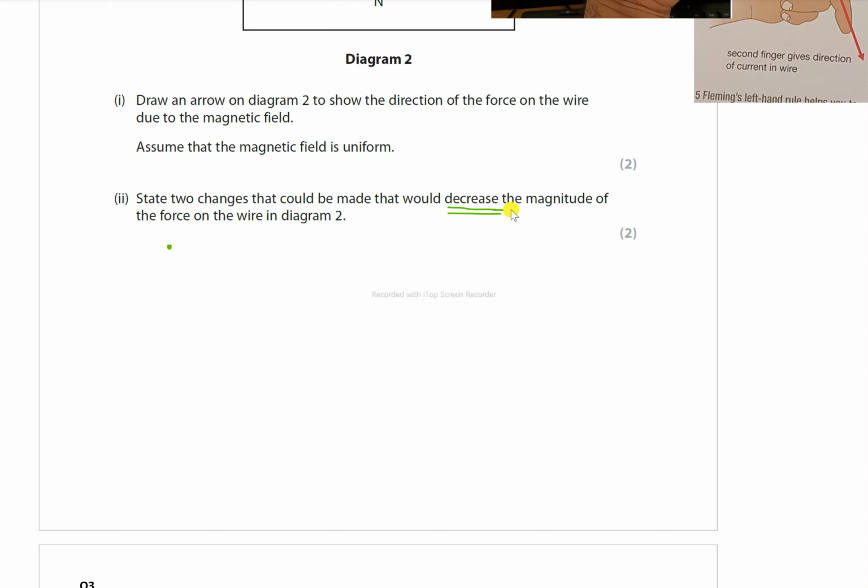So what you do is make the magnetic field weaker.